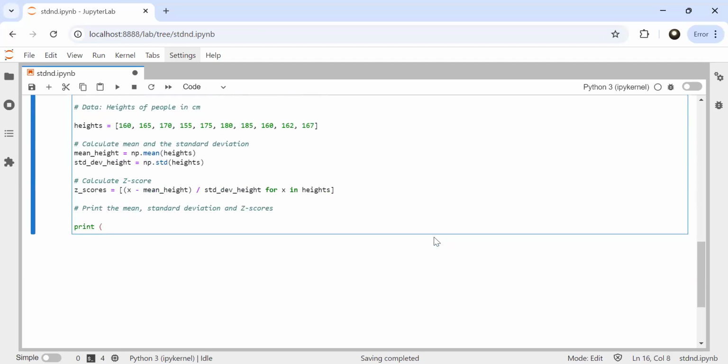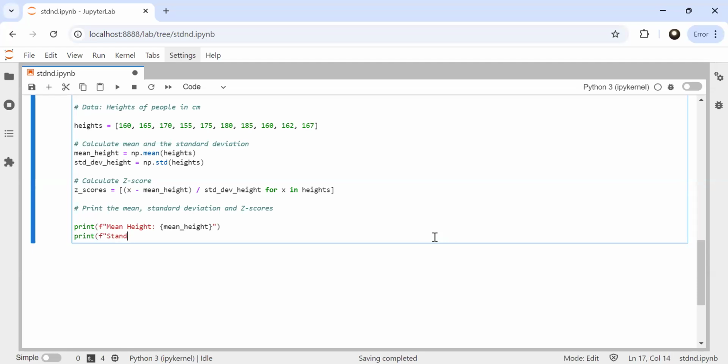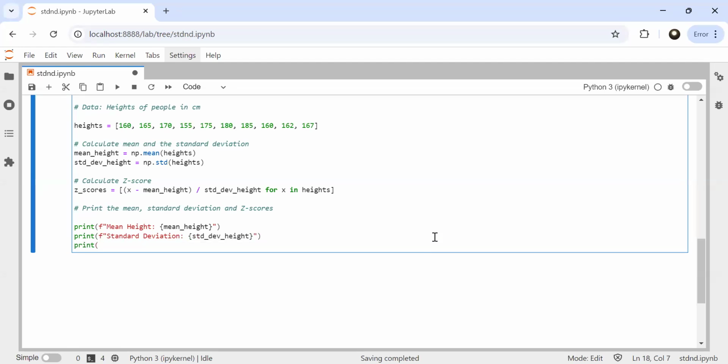So print mean height, mean_height, and print standard deviation, std_height. And the z-score, finally, which is calculated from the formula, z_scores.